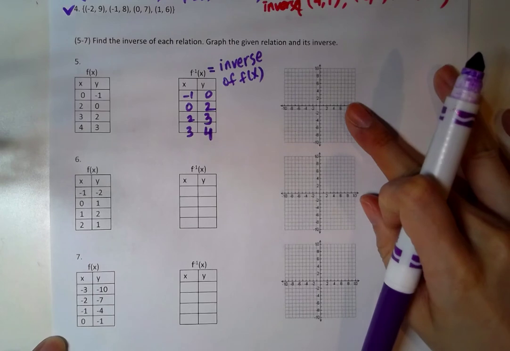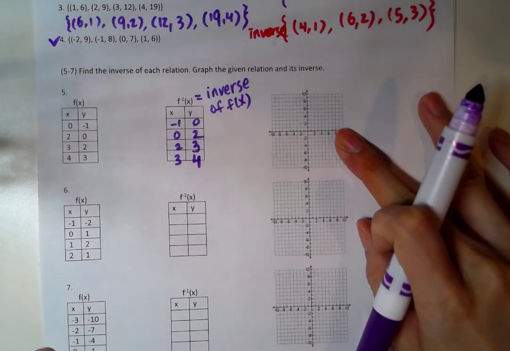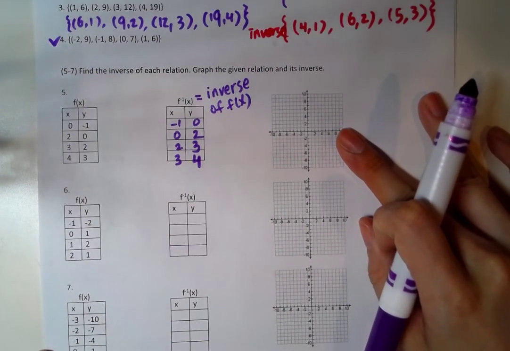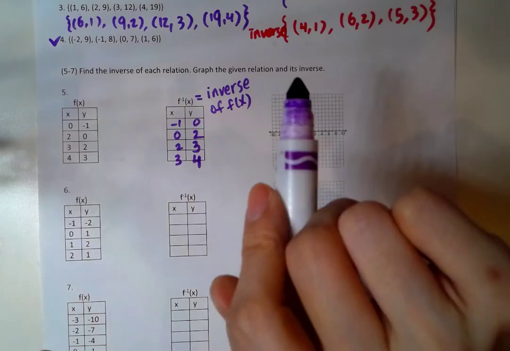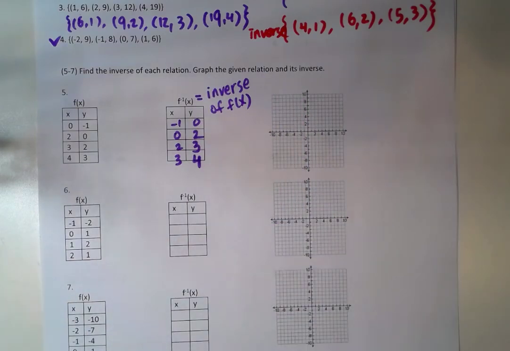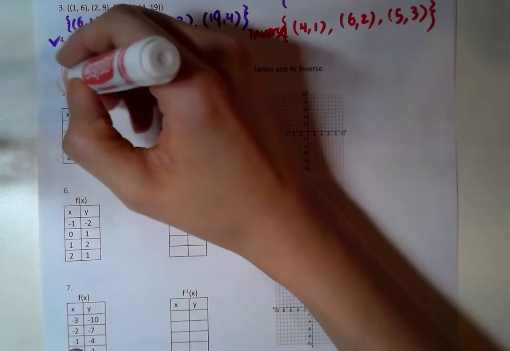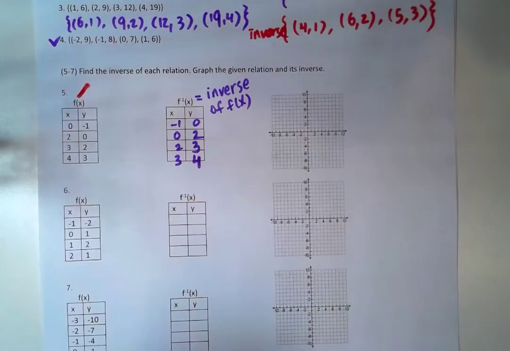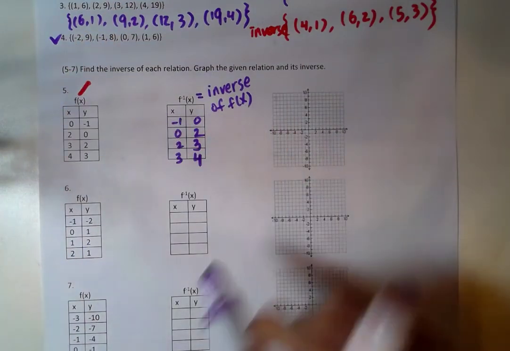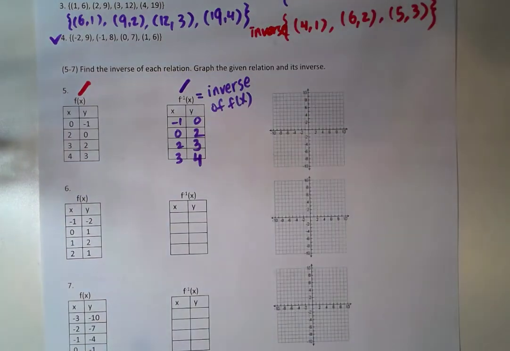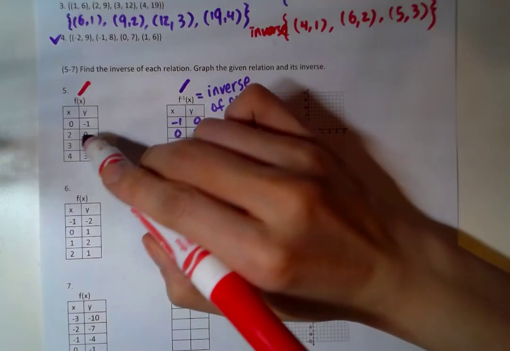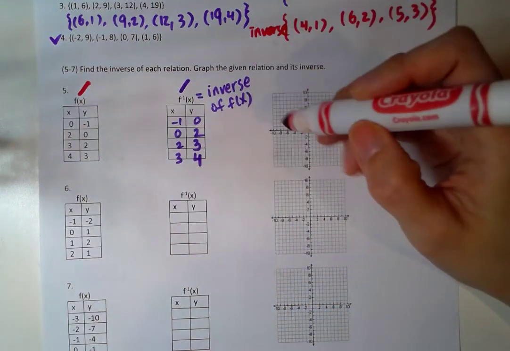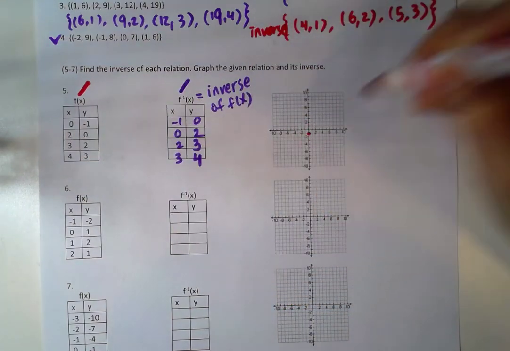And look, and then we need to graph that. So you know how to plot the point. With red, I'm gonna do my original function. And for f inverse, I'm gonna use purple. Alright? So let me plot the points. So first, it says (0, -1). So (0, -1), it's right here.